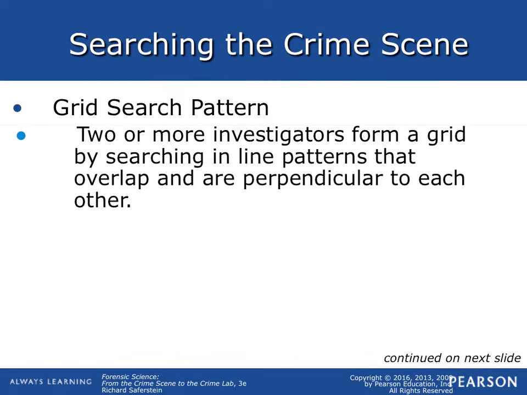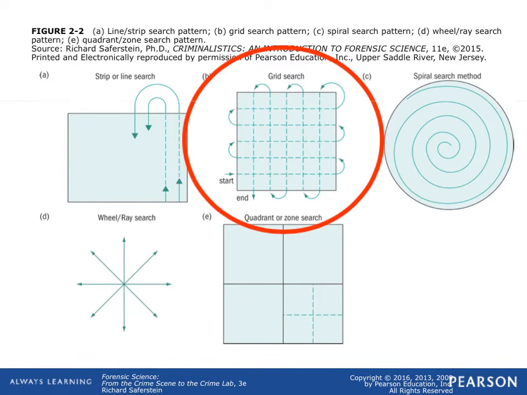So the easiest way to show this is just to look at the diagram. So what happens here is you would have one person or one investigator start, and he or she will start performing a strip search method going that direction.